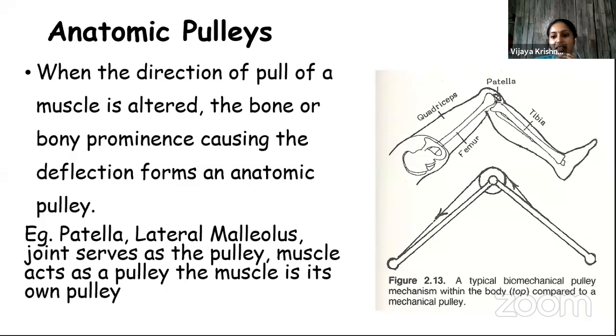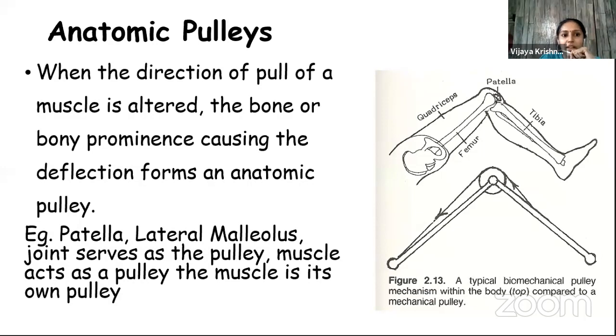The brachialis is a muscle that is placed down, and the biceps is a muscle that is placed above it. Here the brachialis acts as a pulley to increase the efficiency of the biceps muscle, making the brachialis an anatomic pulley. So these are the types of anatomic pulley. Like mechanical pulleys, anatomic pulleys reduce the force required for movement and give a mechanical advantage.